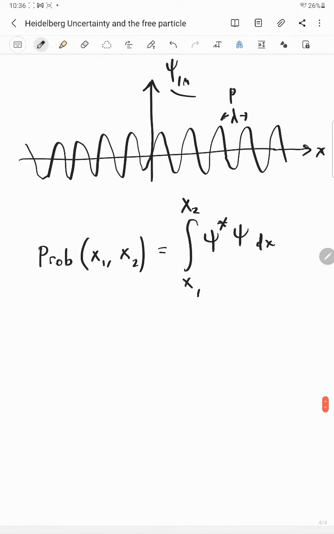So let's study this thing right here. Let's call this thing P of x and t. This is the probability density, right? Psi star psi is the probability density. It depends on space in general, and it depends on time in general.